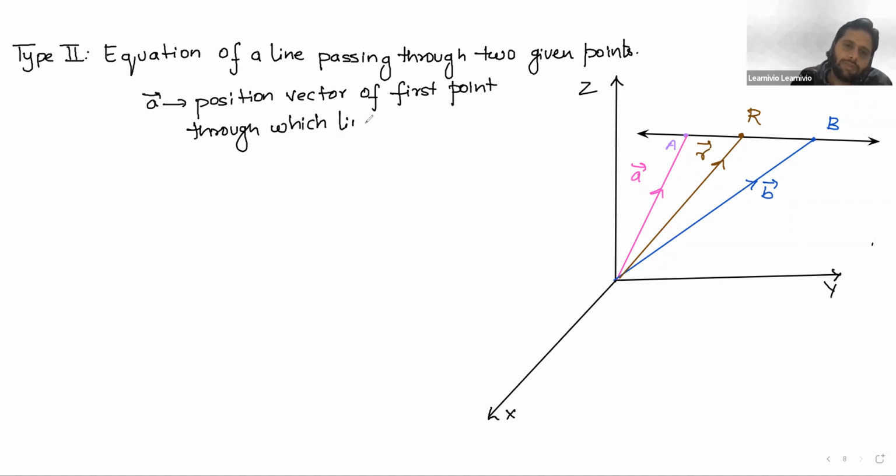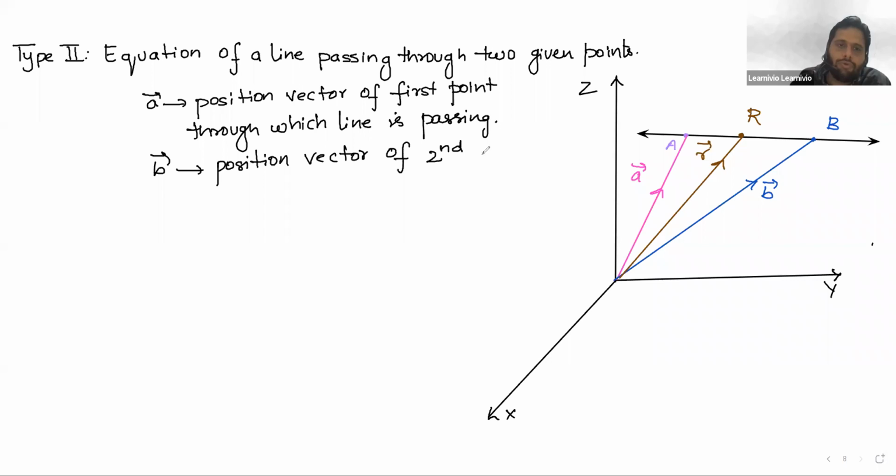B is the position vector of the second point through which the line is passing.